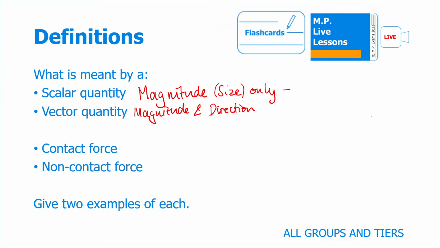Two examples for each: for scalars, it could be distance or even speed, whereas vectors could be, for example, forces or even velocity.